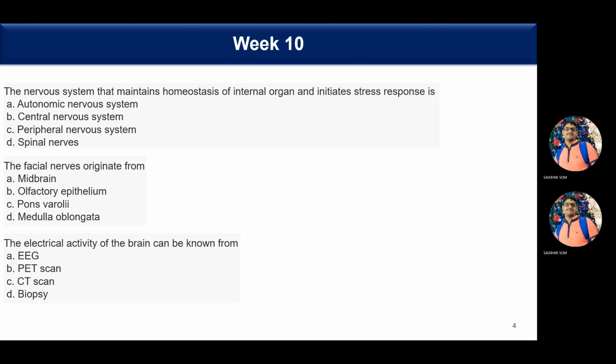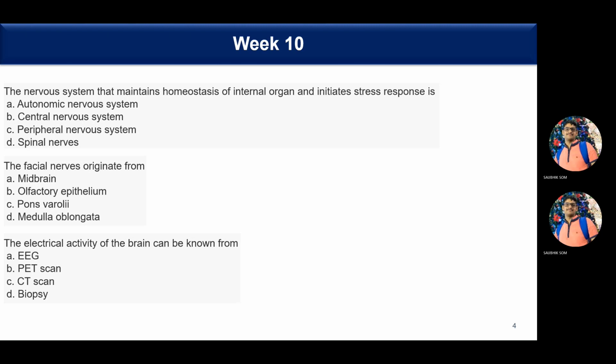It originates from the pons, midbrain, retina, or olfactory epithelium.